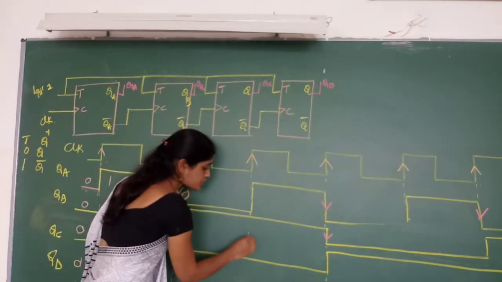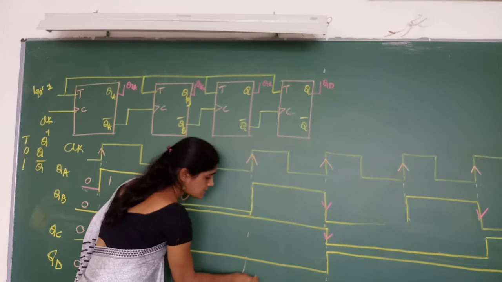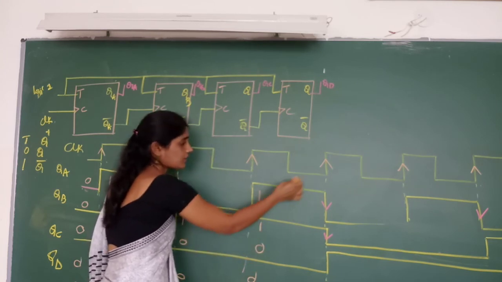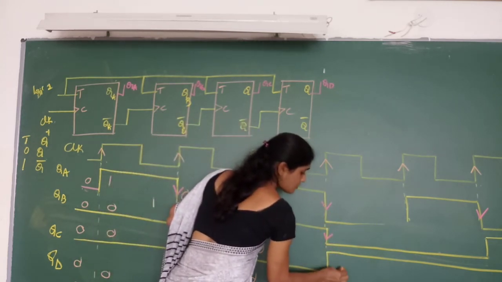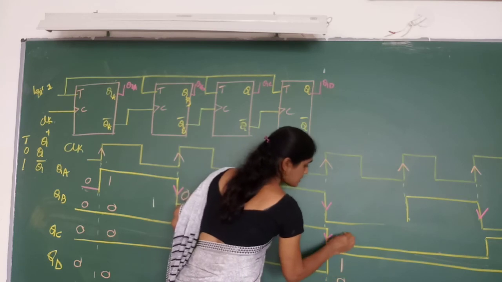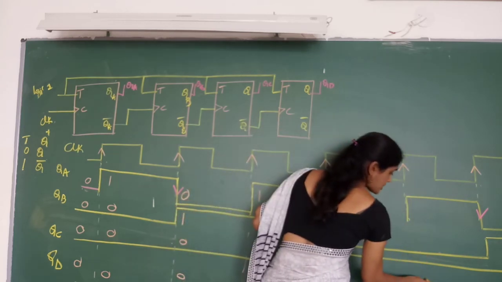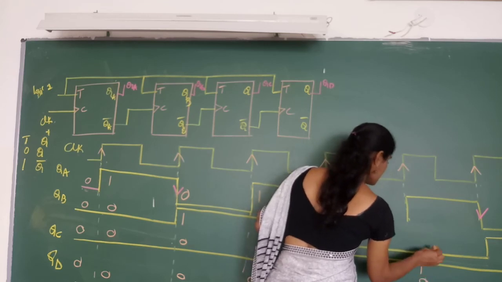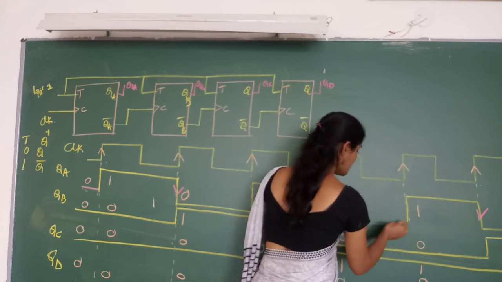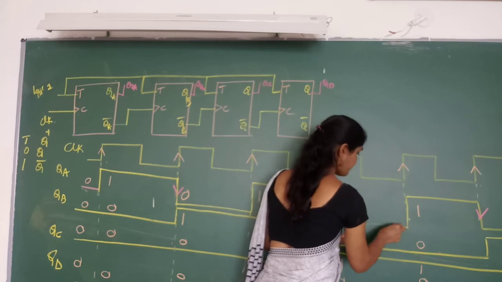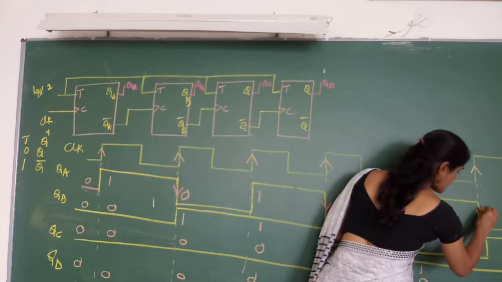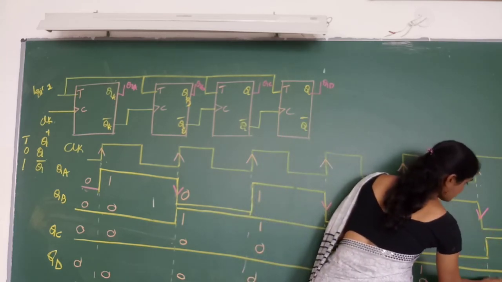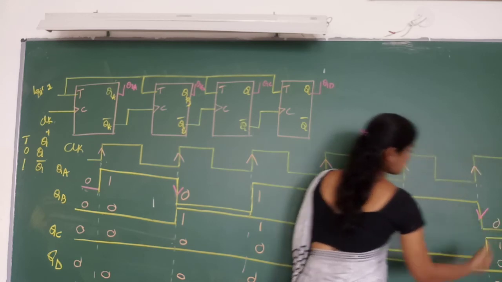At this positive edge of clock, 0, 0, 1, 1. At this positive edge, 0, 1, 0, 0. Then 0, 1, 0, 1. Again, at this positive edge, 0, 1, 1, 0. Okay?